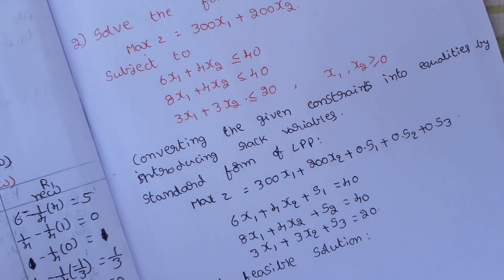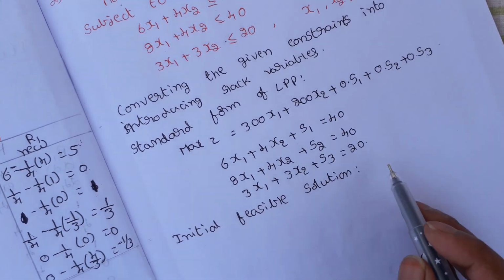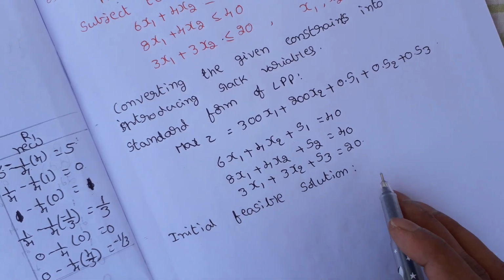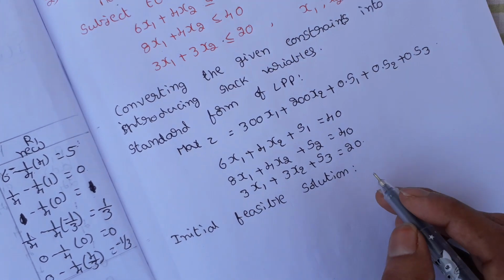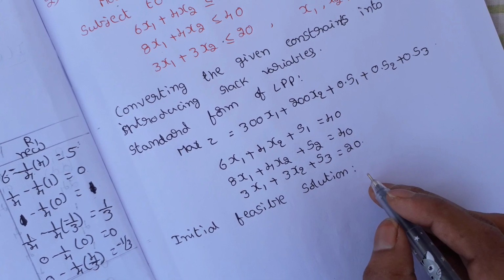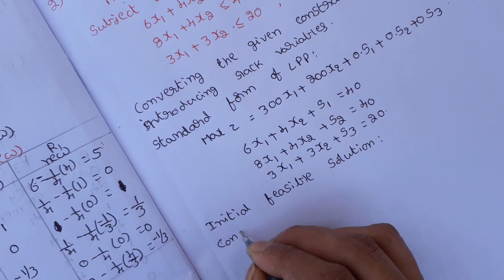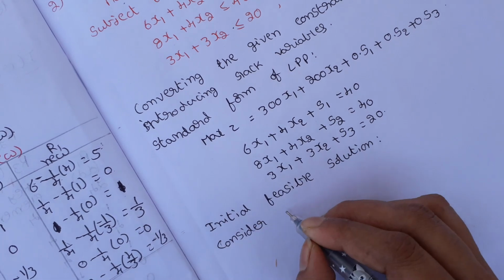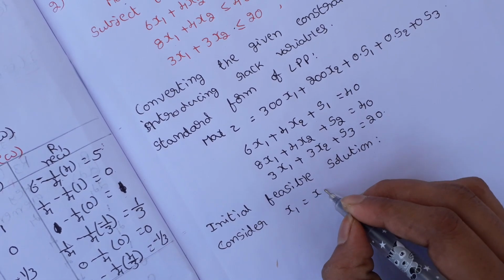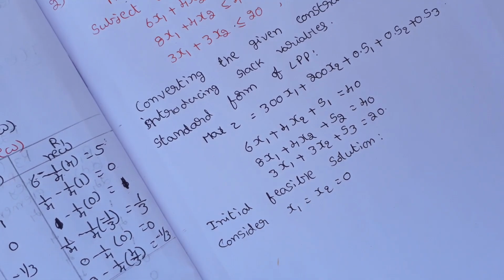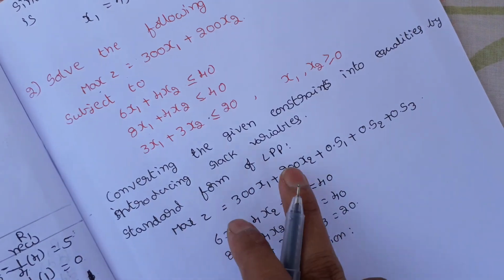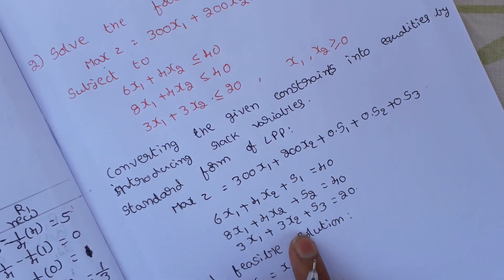Now the next step: we will find the initial feasible solution, by considering x1 equal to x2 equal to 0, and substituting these values in the standard form of LPP.